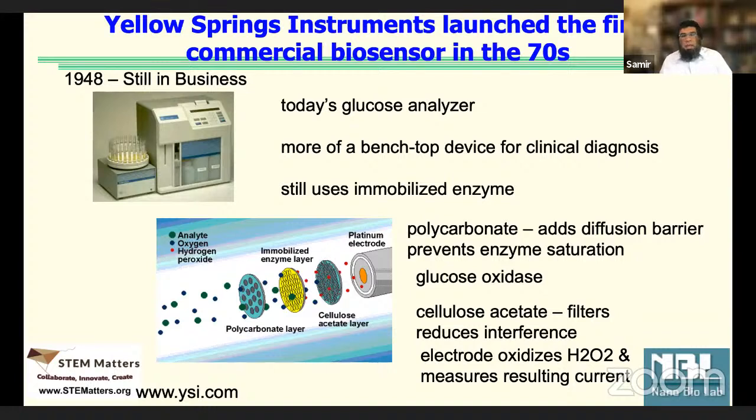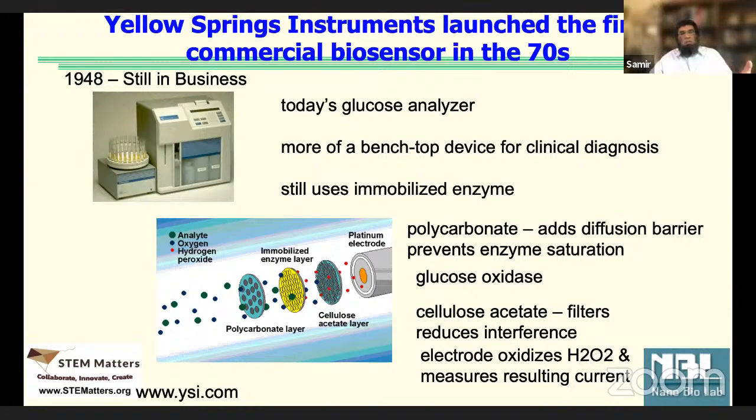There are enzymes called redox enzymes, meaning reduction and oxidation. That's a process where we lose an electron or gain an electron. Loss of an electron is called oxidation, gain of an electron is called reduction, right? Redox enzymes are more frequently used because that oxidation or reduction can be measured electrically.